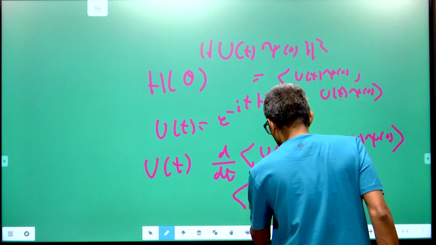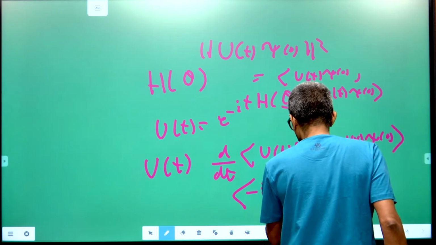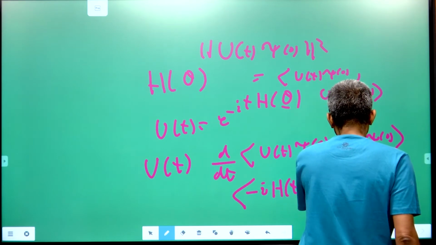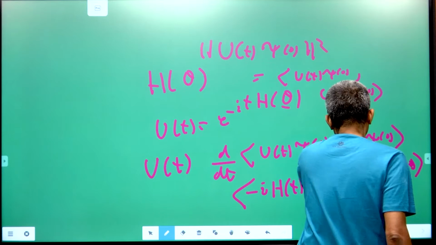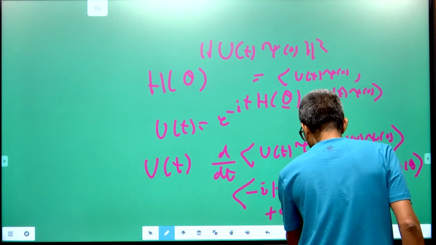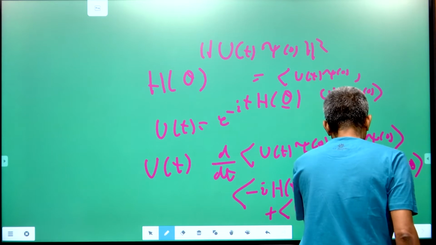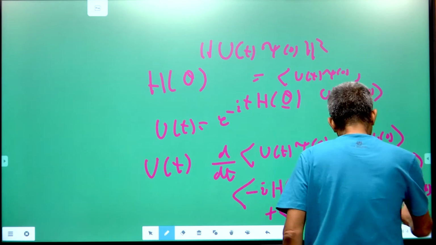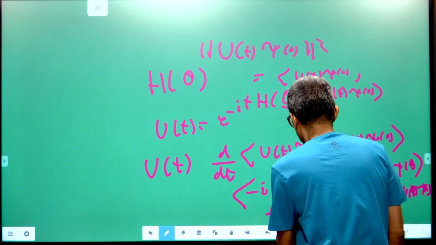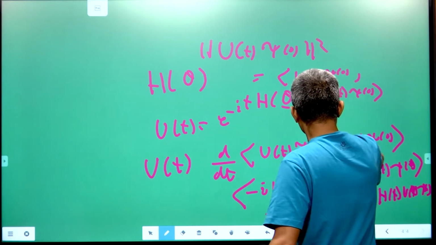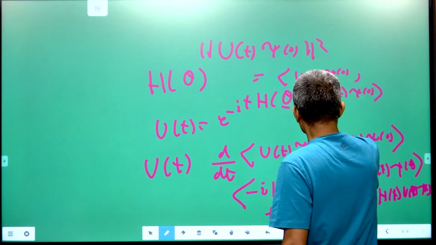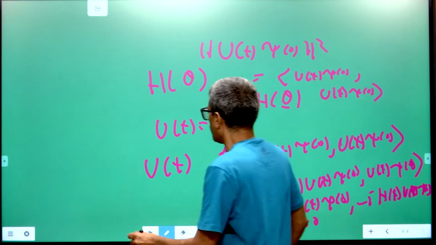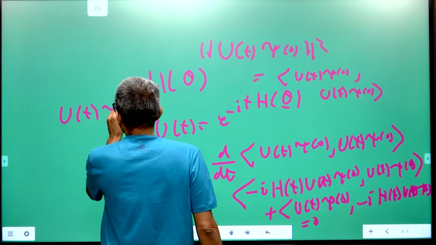First you differentiate the first U t, that will give you minus i H of theta t, or H of t, into U t psi 0, and then you differentiate the second, which is minus i H t U t psi 0, and since H is Hermitian, you can bring this to this side and cancel it, and this will give you 0. So, the rate of change of this quantity is 0. Which means that if at time 0 psi 0 comma psi 0 was 1, then at all times t the inner product of U t psi 0 with itself will be 1, and U t psi 0 is the wave function at time t.